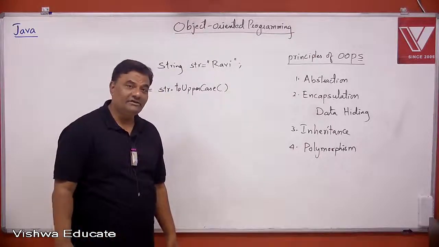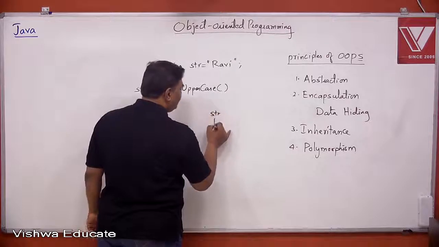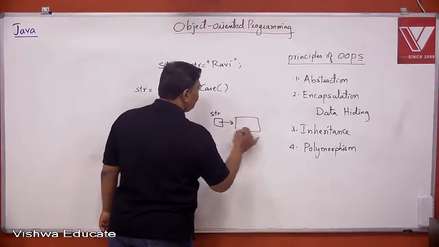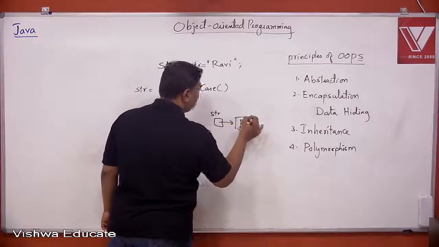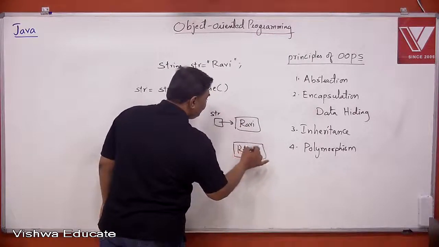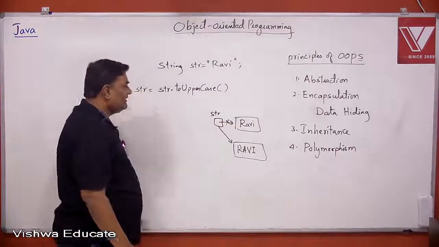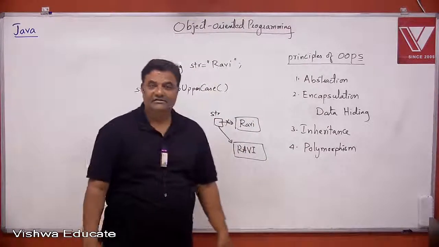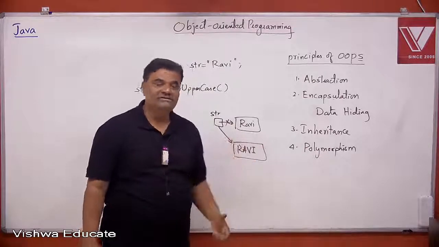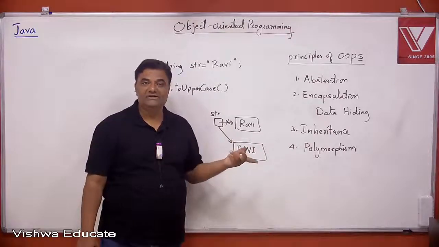Right now str is pointing to the object Ravi, and a new object RAVI, all capitals, will be created, and str will point to this one, not there. A new object is created. Do you know how this is working? Don't know how it is working.